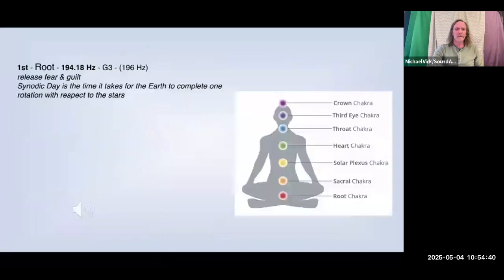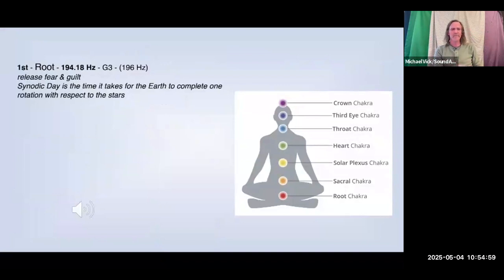So let's go to the root. This is the same root as we saw before. This is going back to that time, but it's a different approach in the frequency. But cross-referencing these, you will see a similarity.